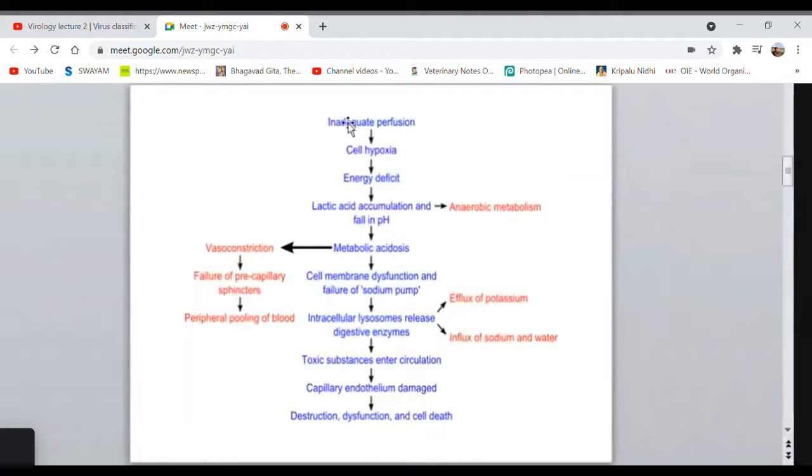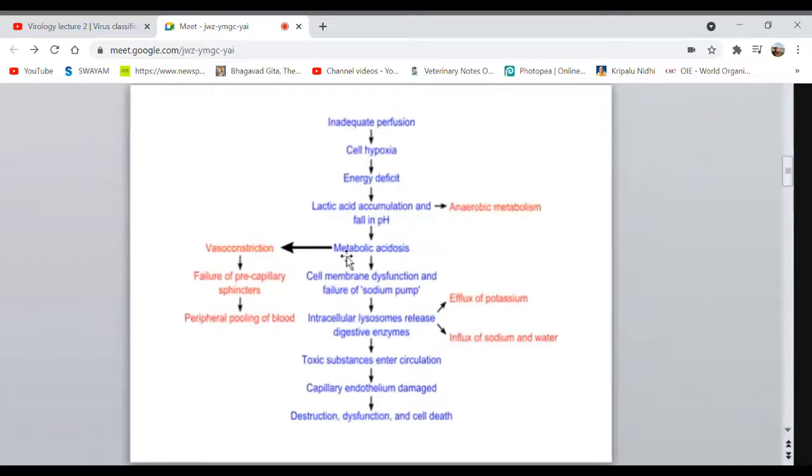Repeating: inadequate perfusion results in cell hypoxia and energy deficit, leading to accumulation of lactic acid and a fall in pH, which results in anaerobic metabolism, followed by metabolic acidosis, resulting in vasoconstriction, failure of capillary sphincters, and peripheral pooling of the blood.